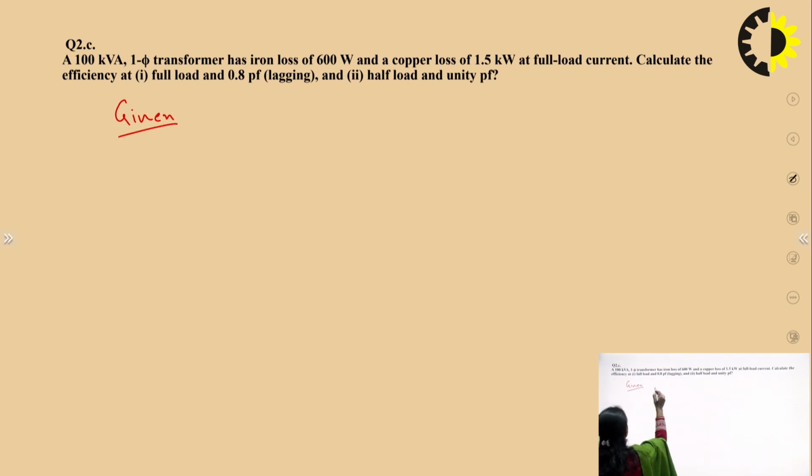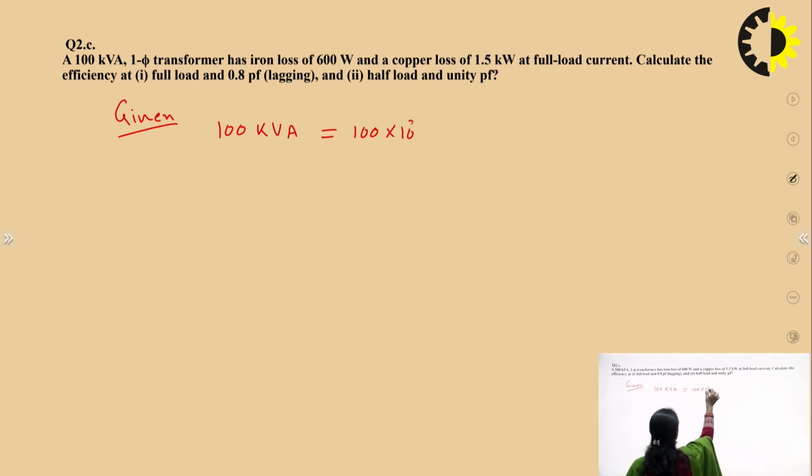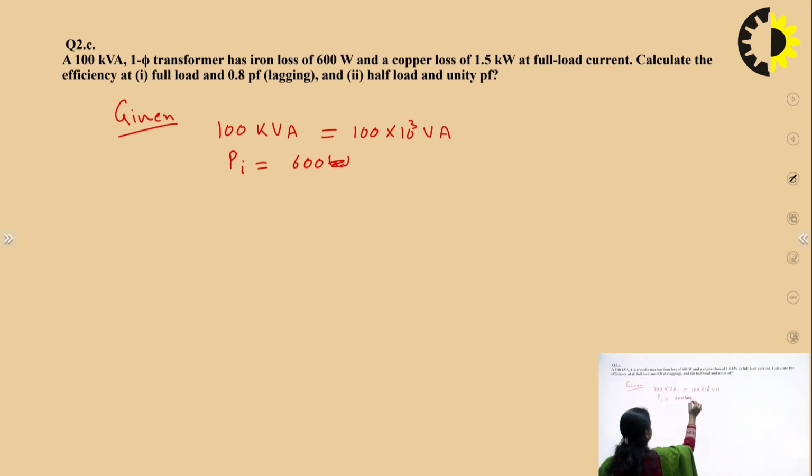The rating is given, 100 kVA, or you can write 100 into 10 power 3 volt ampere, and iron loss is given, that is Pi, equal to 600 watt, and then copper loss is given 1.5 kilowatt, 1.5 into 10 power 3 watt, and you have to calculate full load efficiency and half load efficiency.